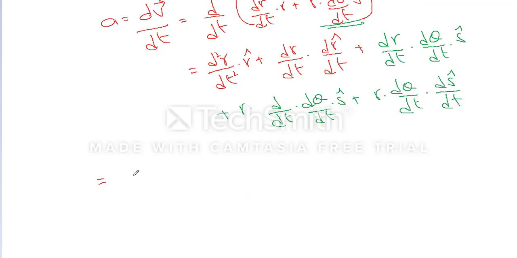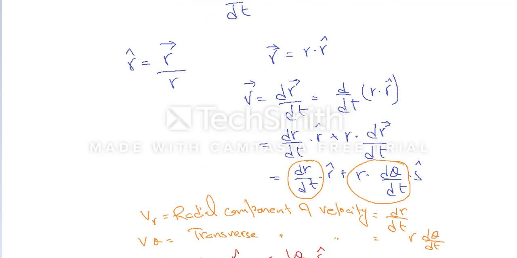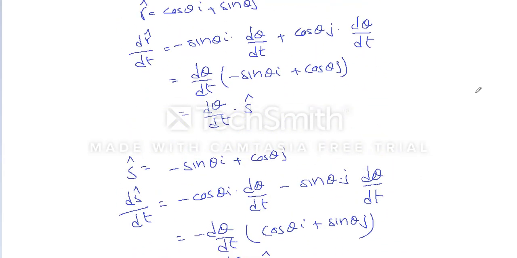So we can write this as d²r/dt² into r plus, we saw in the last video that we can write dr unit vector by dt as dθ/dt into s unit vector.